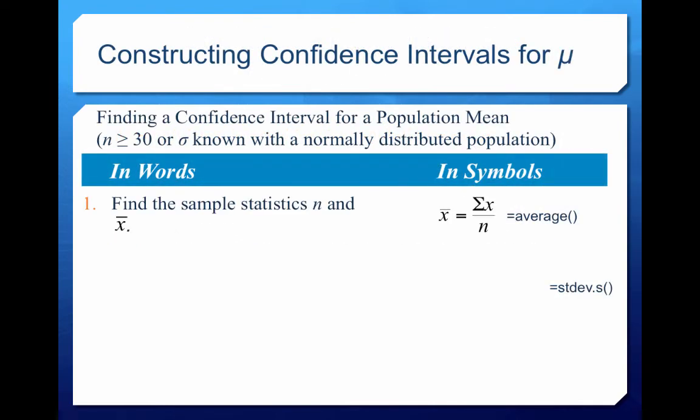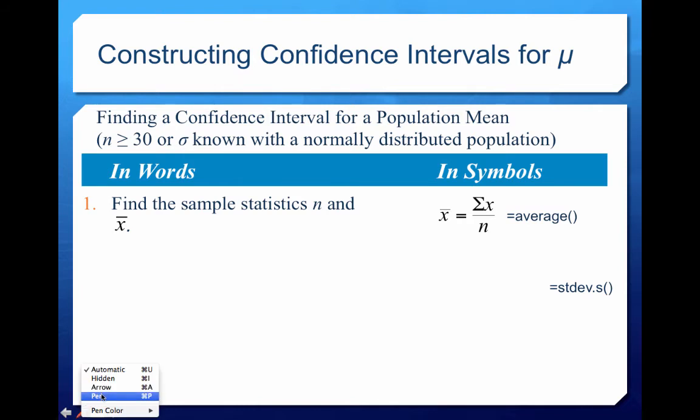Okay? So when you are constructing confidence intervals, what are your steps? What are you going to do? I'm going to break it down not only with the formula, but what you're going to do in Excel. Given some data, we need one of two conditions. Either our sample size has to be greater than or equal to 30, or sigma has to be known, meaning our population standard deviation has to be known.